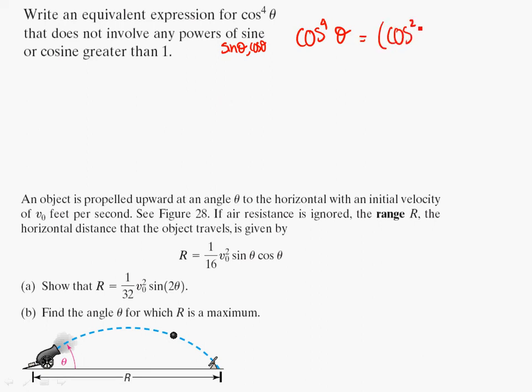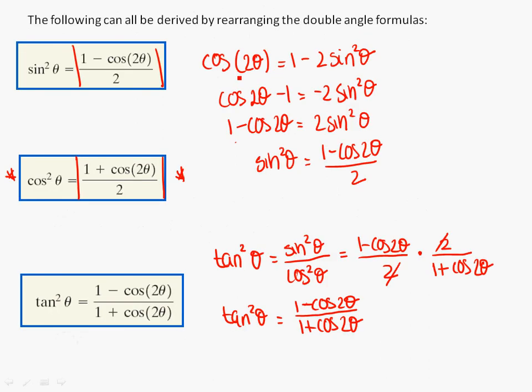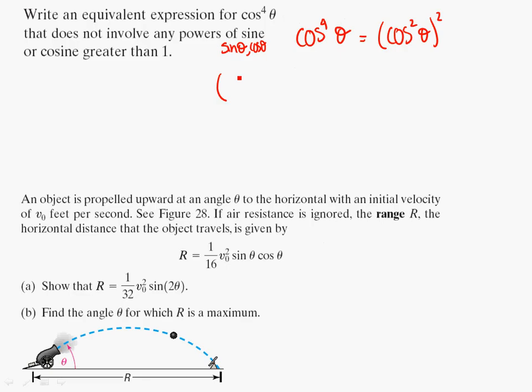Well, I can break the cosine to the 4th up this way, right? Cosine squared times cosine squared. Okay? And the cosine squared can be written how? From the one that we just did. Cosine squared is 1 plus the cosine of 2 theta divided by 2, I believe.